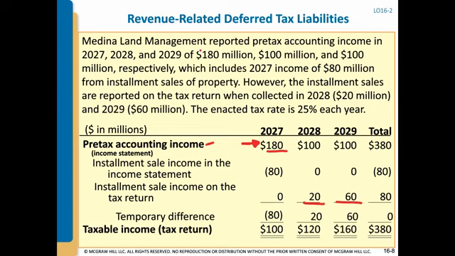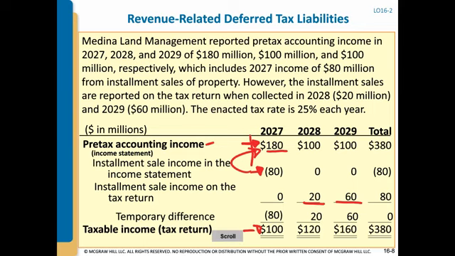So in 2027, I'm going to reverse the $80 million that's included in this 180. My temporary difference for 2027 is a reversal of $80 million of revenue, so my taxable income is 100 million.